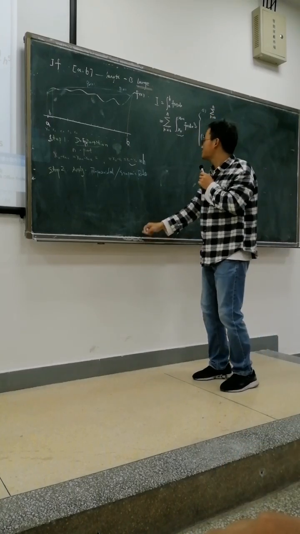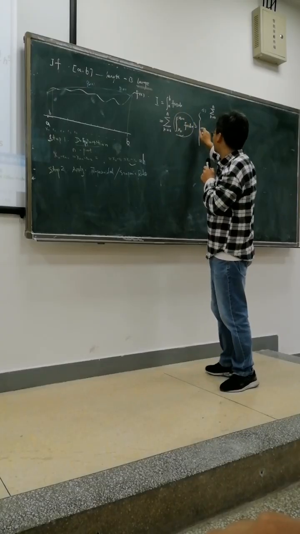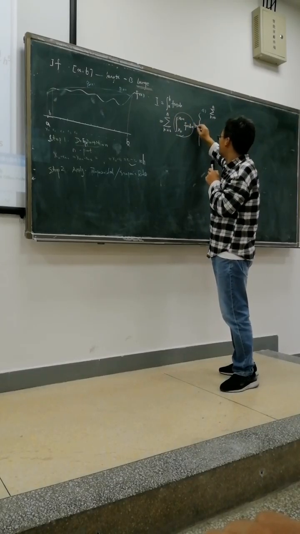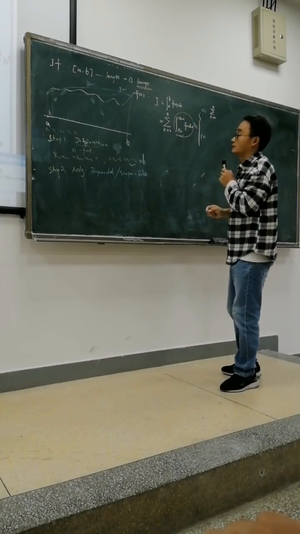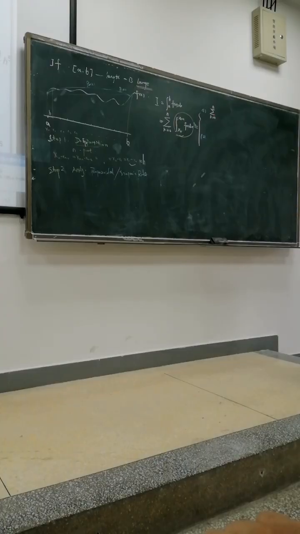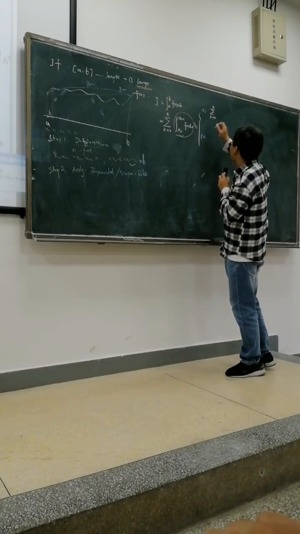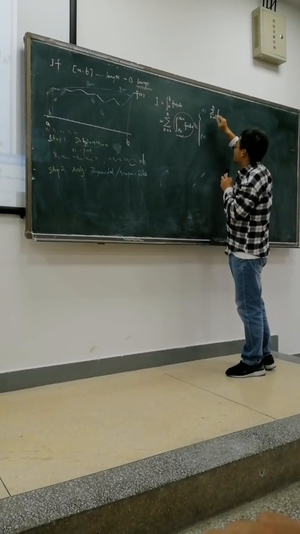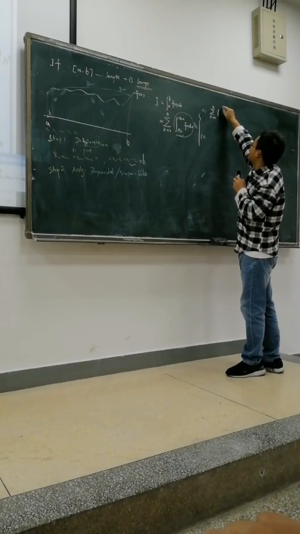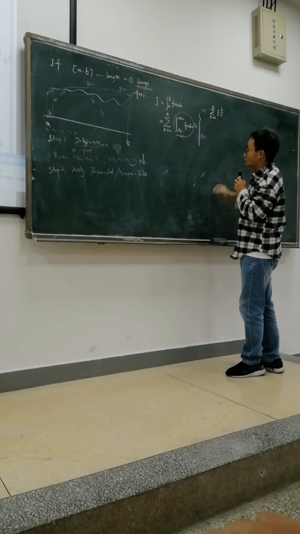Now we replace this part, here is just an approximation, right? If we apply the trapezoid rule here, we must have h over 2, right?